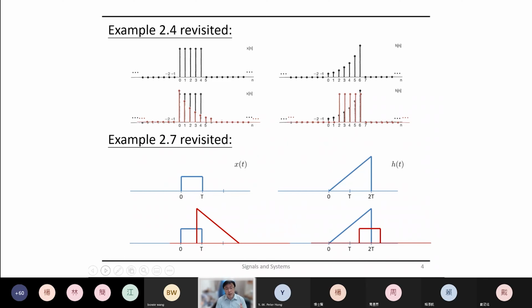Now this is convenient because we can choose one way that makes our computation more intuitive. Usually it may be easier to slide the function that is simpler looking.